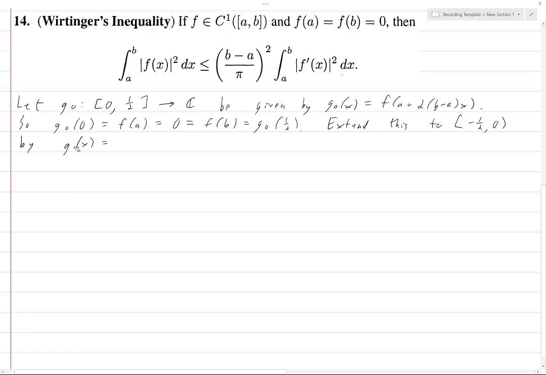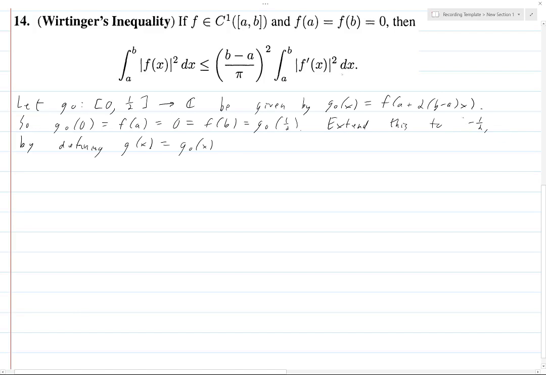So g naught is going to be this function on 0 to 1/2, and we're going to define g to be the function that we really want. Extend this by defining g of x equals g naught x.